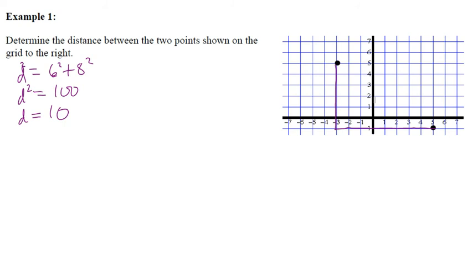But it's nicer to have the formula, because this only works if you plot it and count it on the grid. If you don't want to count it, if you're just given the points, you use the distance formula.